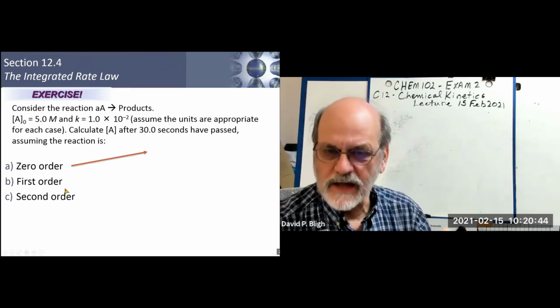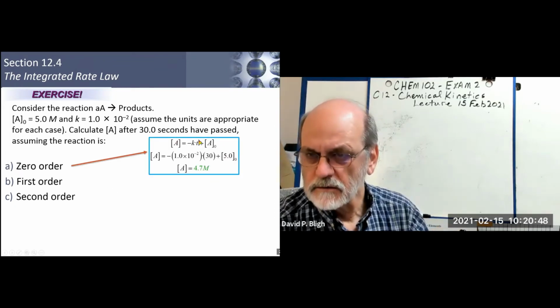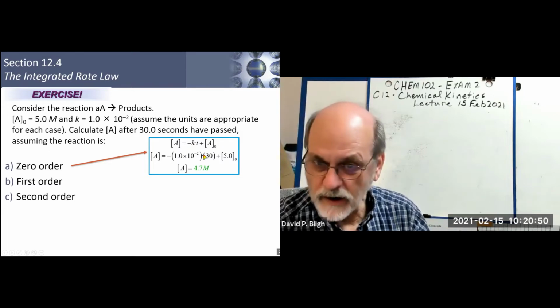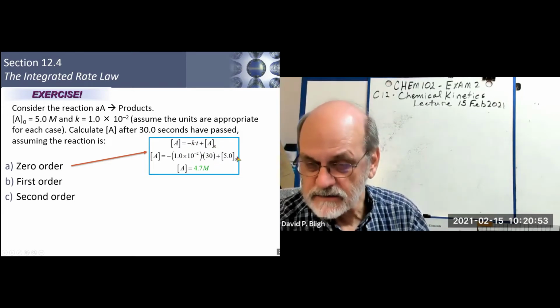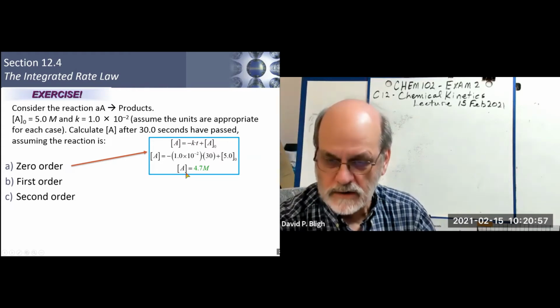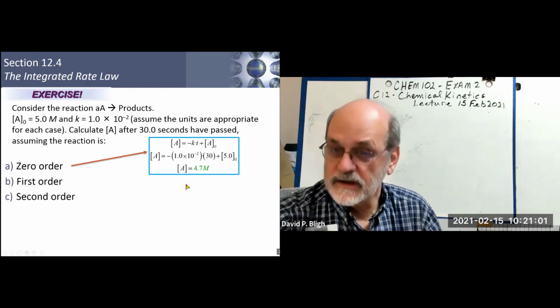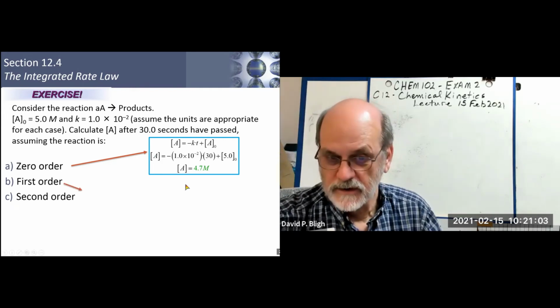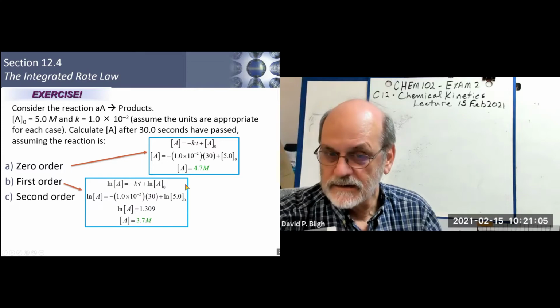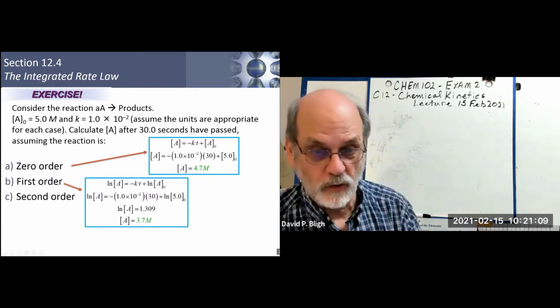So if we do that calculation, like we did before, now we're going to use the 0 order equation, plug in our numbers, the K's, the T's, the initial concentration, and we find that we end up with 4.7 molar after 30 seconds. Okay, do the same thing again for first order. The same data that we input, except a different equation because it's now first order.